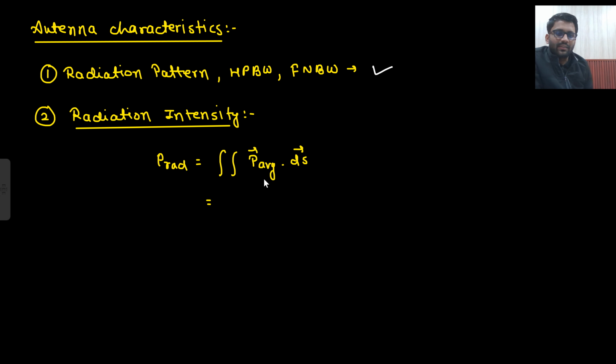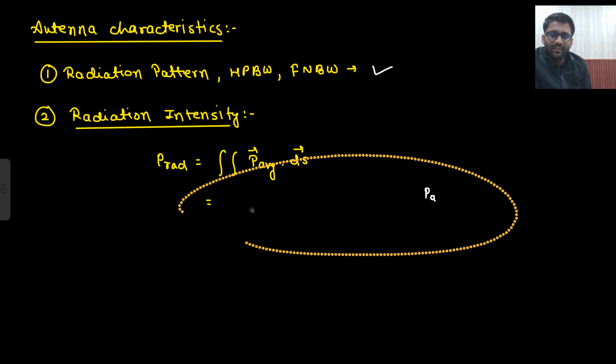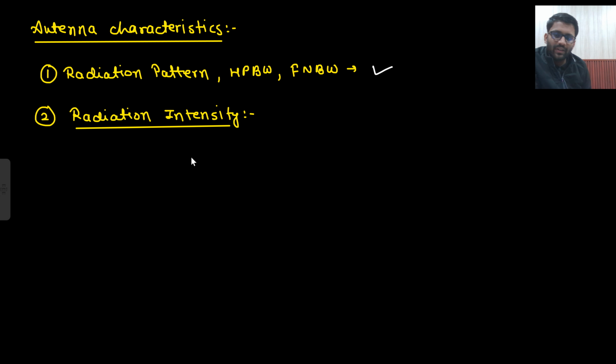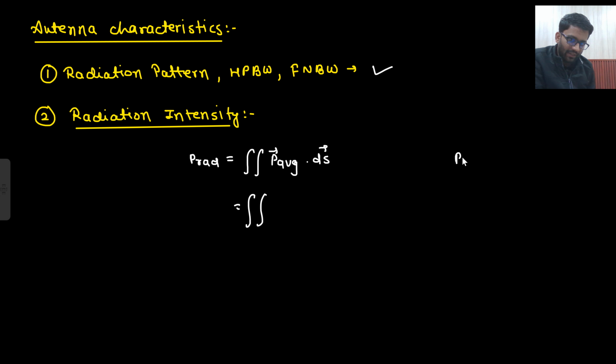Okay, let's restart. What is your P radiated? I have told this a lot of times. My P radiated is P average dot dS. So can I write P average in this manner? P average has some magnitude and the direction is the direction of radiation.